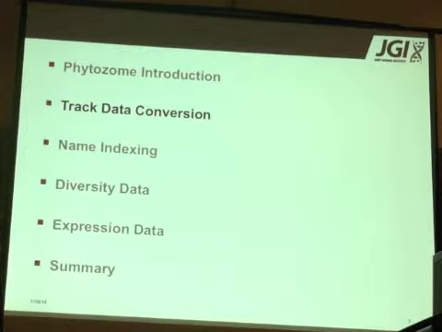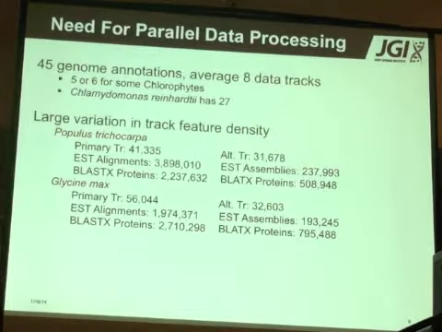So we have this idea now where we need to instead be converting this data for use in JBrowse. And the main problem is that when you start dealing with 45 genomes and an average of at least 8 data tracks that are GFF, that's an awful lot of data to convert.